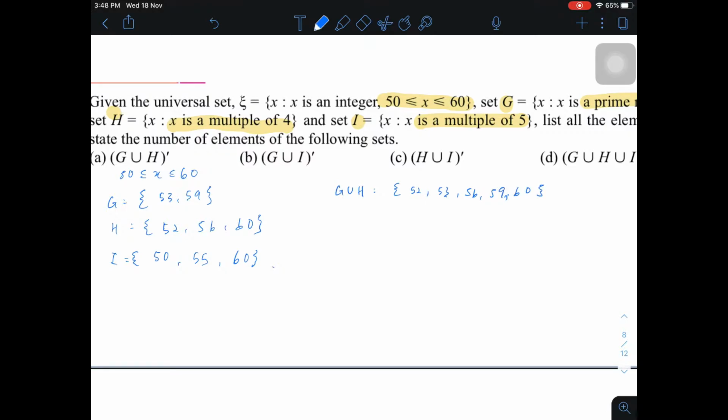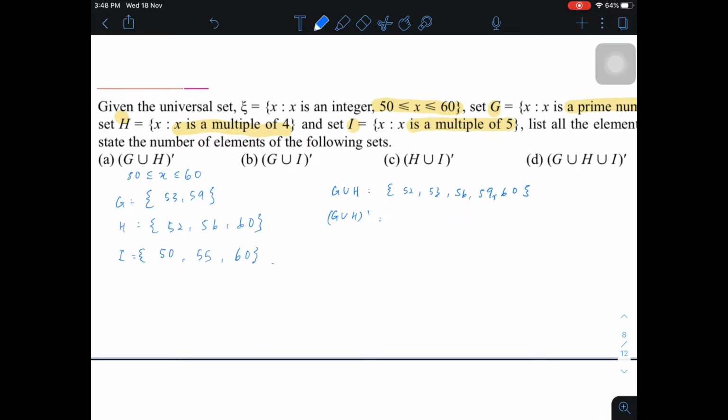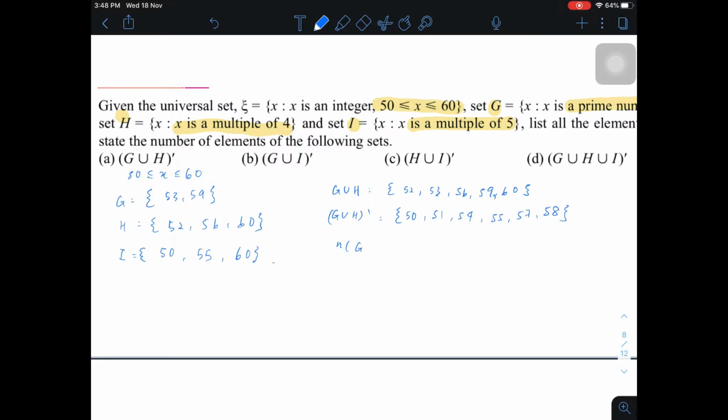So we want anything except the union of G and H, which would be 50, 51, 54, 55, 57, and 58. So the number of elements of the complement I have here, understand that the symbol is this and not this, okay? The number of elements I have is 6, right?